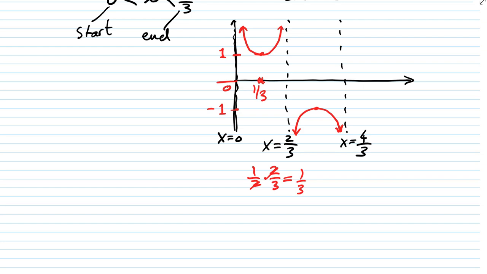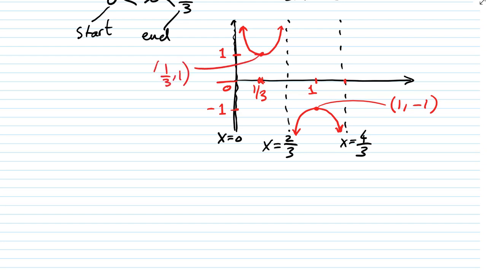So it's 1/3, 2/3, this would be 3/3 or 1, and this one is 4/3. Got it. So I can label these points now. This point is when x is 1, y is -1. And this point is when x is 1/3, y is 1. See how that works?